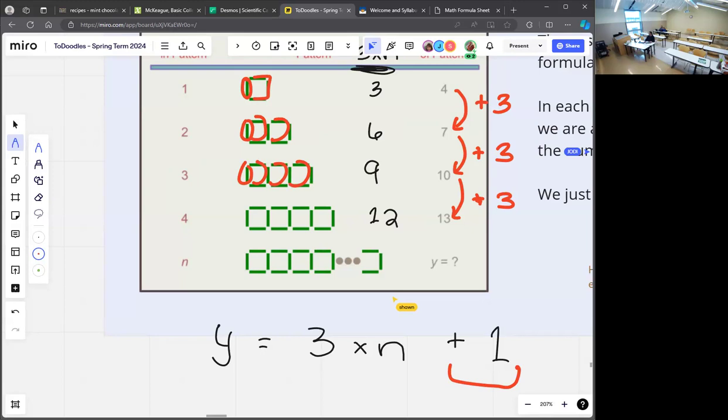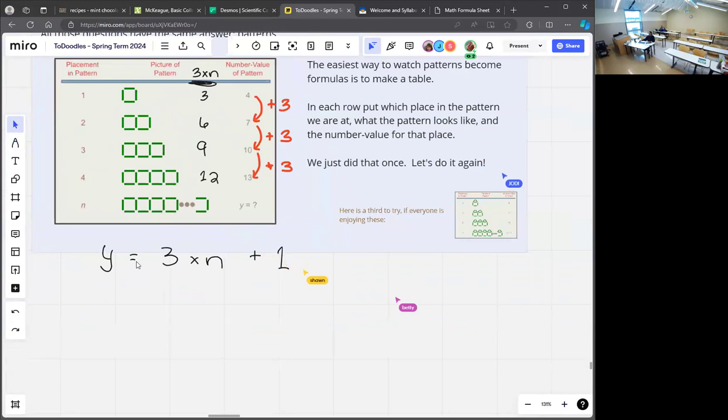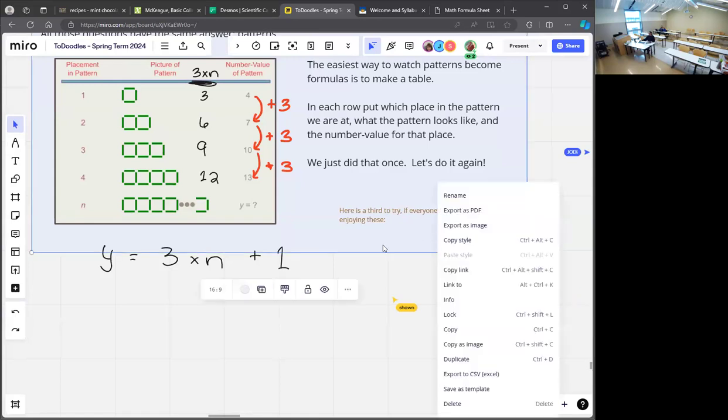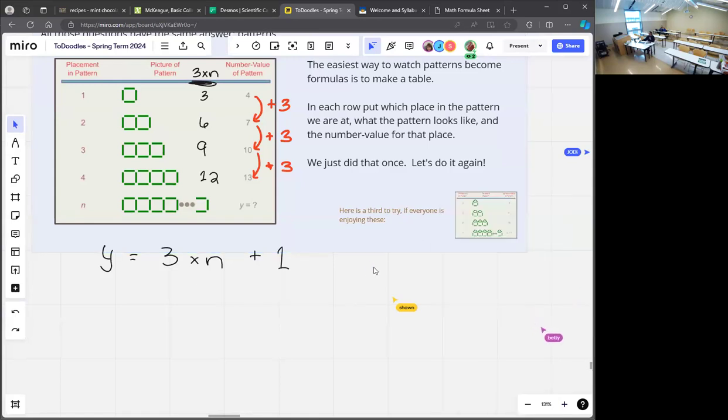And so on. So each row gets 3 more toothpicks, but that wall was always there for all of them. So maybe that helps you, maybe that doesn't. But there we go, we're getting a more complicated pattern. It's not only triple your row number, but you have to add 1 also.